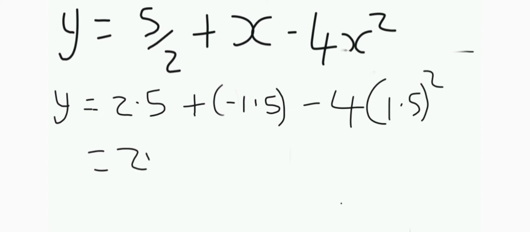Sorry, I omitted that minus, but it's still the same thing. 2.5 equals to 2.5 plus minus 1.5. That should give us what? 2.5 plus, or minus rather, because plus times minus will give us minus 1.5.